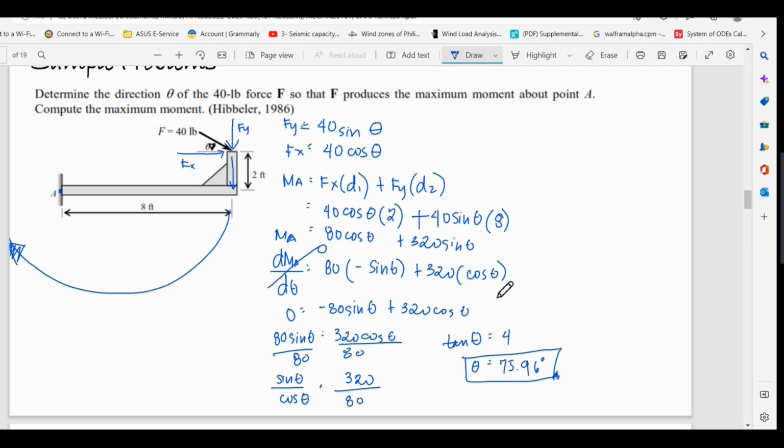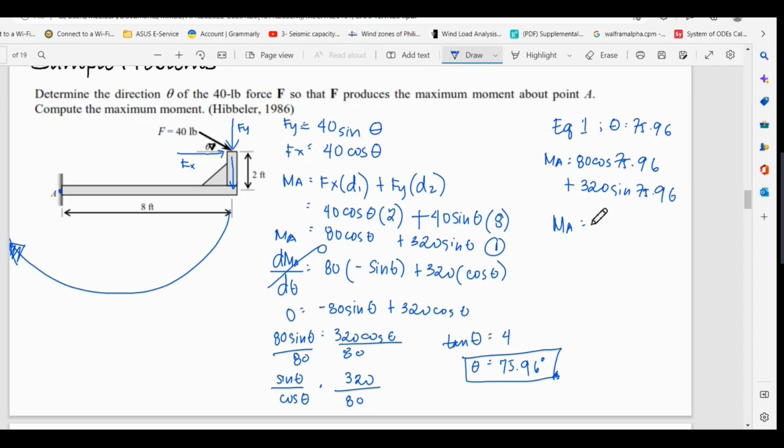And next is to compute for the maximum moment. So ang gagawin lang natin dyan is to substitute, let's say this is equation 1. Substitute equation 1 with theta is equal to 75.96. So we have here 80 cosine of 75.96 plus 320 sine of 75.96.